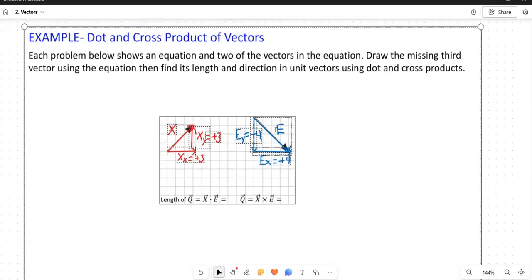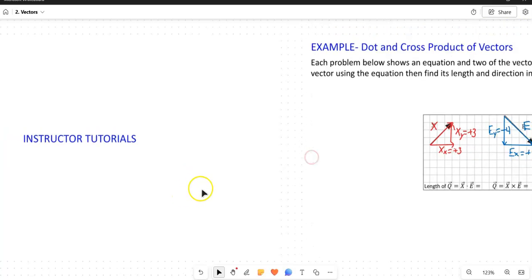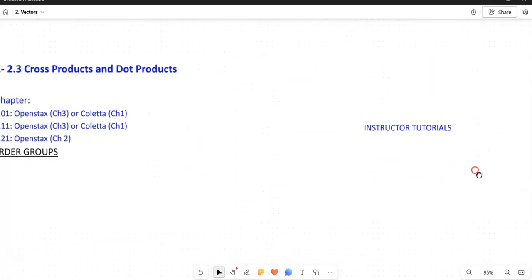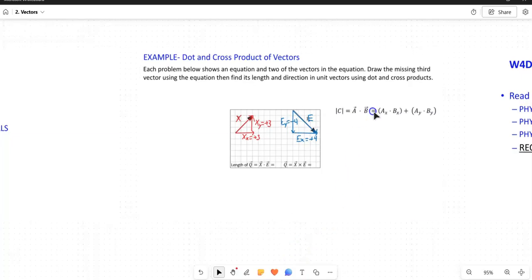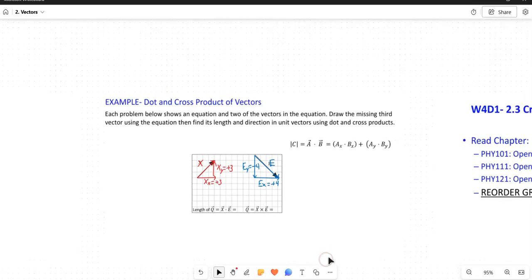So in this section 2.3, if you remember from that video with the dot products, what you could do for the dot products is do this.